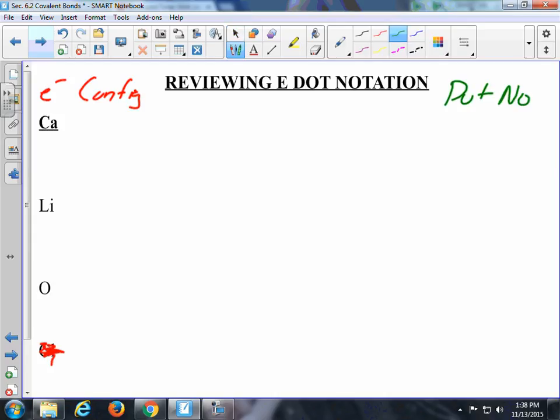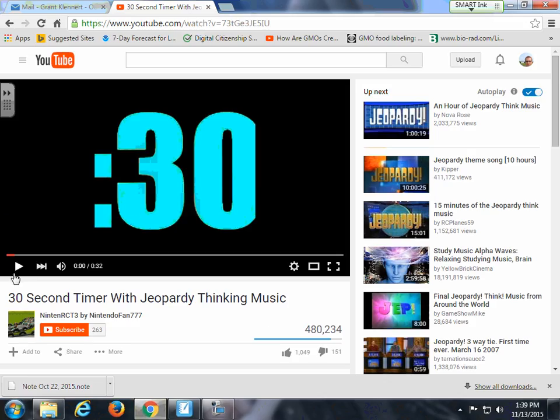What is the dot notation for each one? How many dots go around each one? I'll give you a little bit of time. If you need to pause the video, by all means go ahead. But go ahead and do the electron configuration and dot notation for calcium, lithium, and oxygen. Ready, set, go.